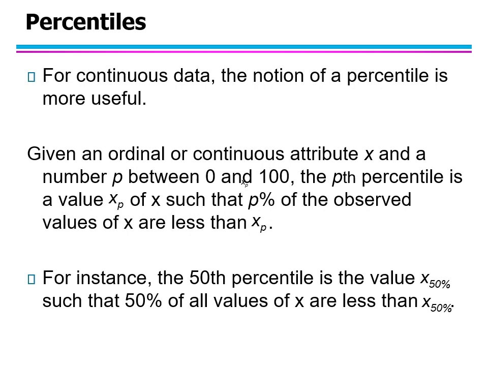For example, understanding the 50th percentile: if X represents exam score and the 50th percentile of X equals 55, which means that 50% of students score less than or equal to 55 and another 50% score greater than or equal to 55. Therefore, the 50th percentile is the median of the dataset.